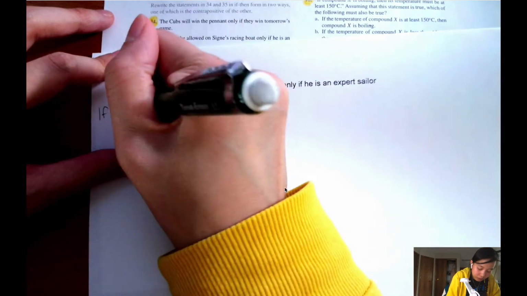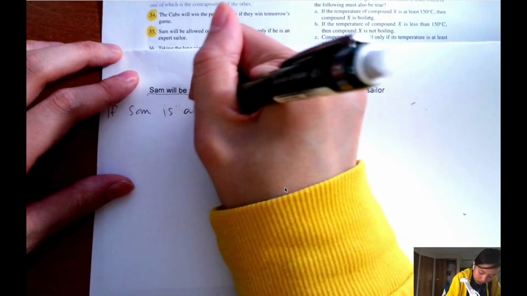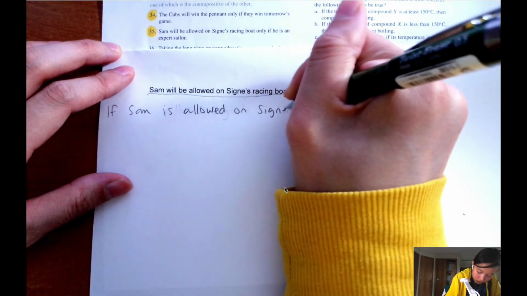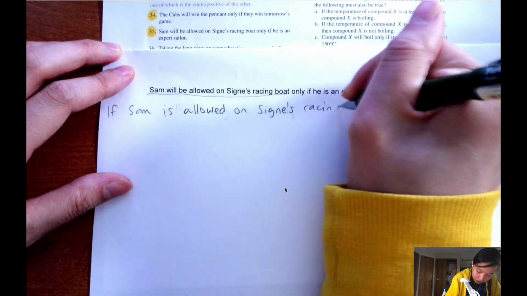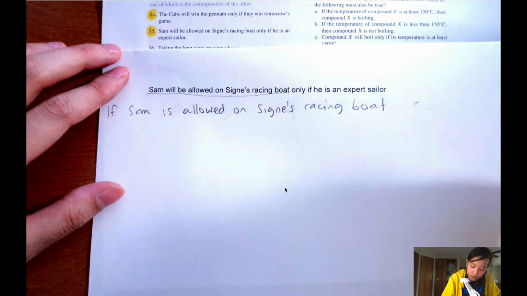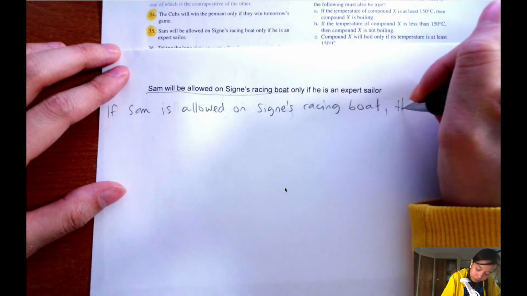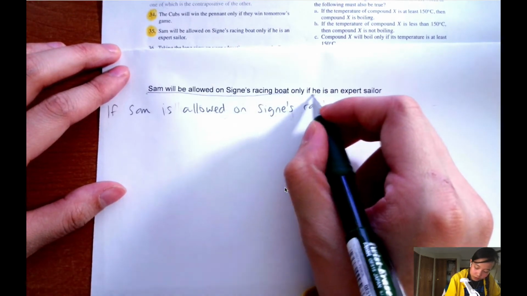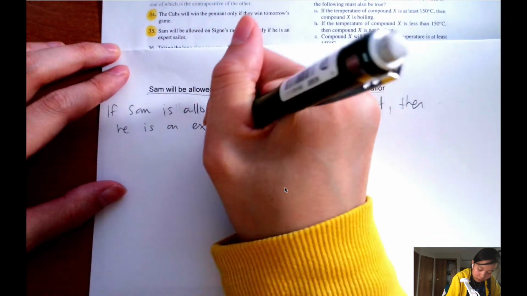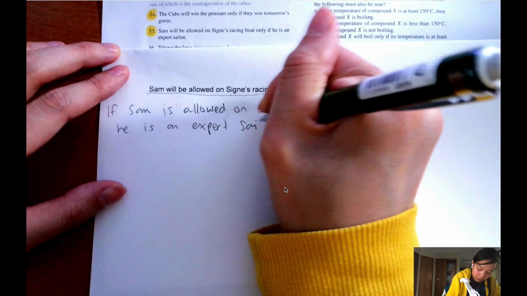So if Sam is allowed on Sine's racing boat, I'm not really sure how to pronounce this name, so sorry if I'm butchering it. Then the second part of the only if sentence, so then he is an expert sailor.